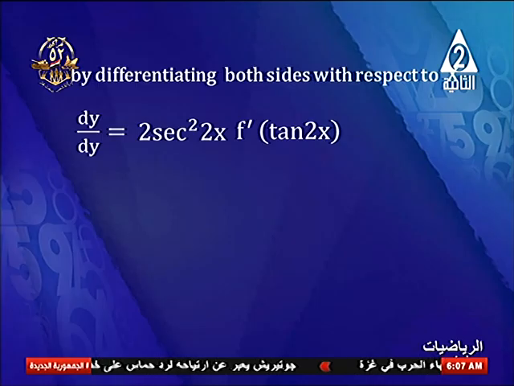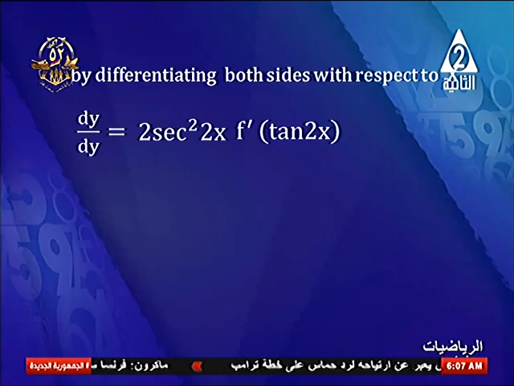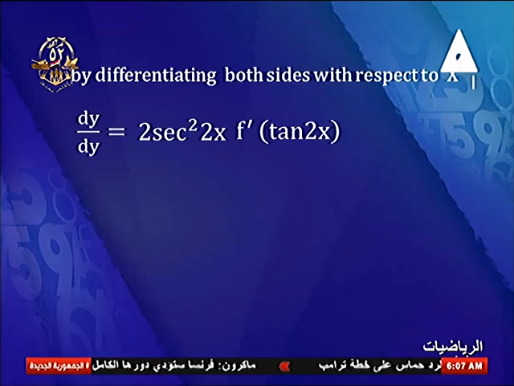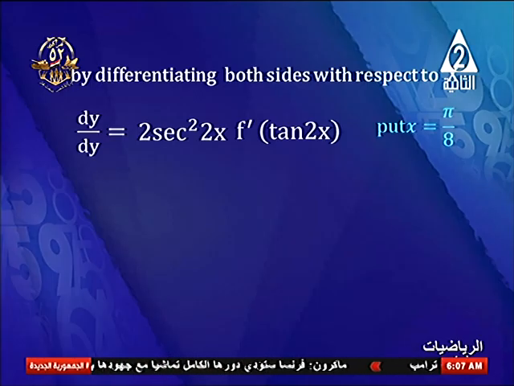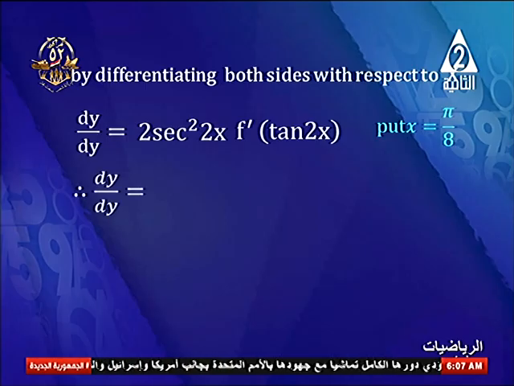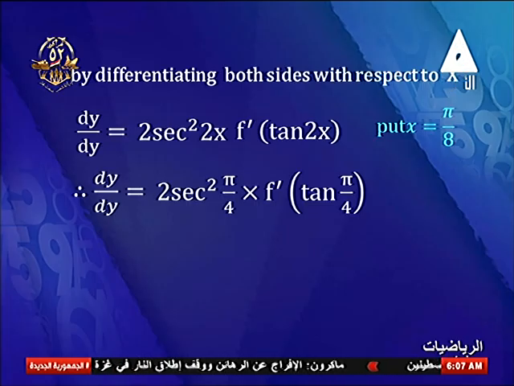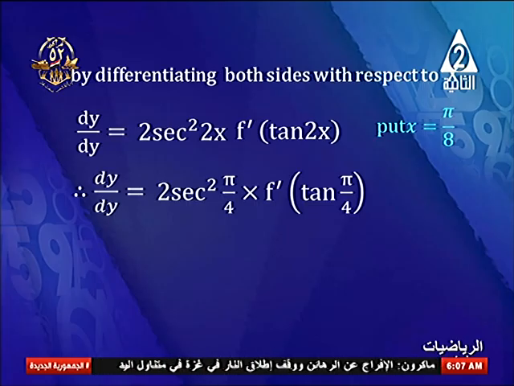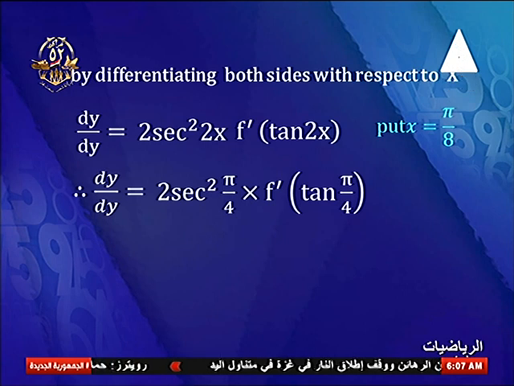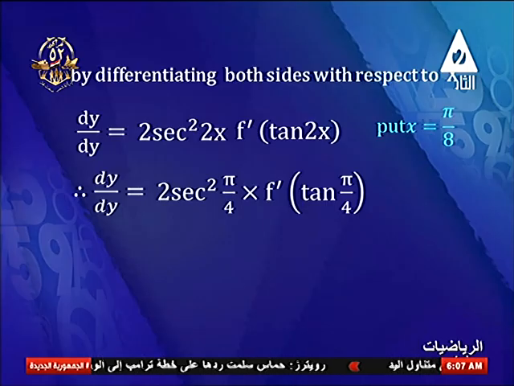We know that the differentiation of tan equals sec square 2x multiply 2, multiply f dash of tan 2x. By putting x equal pi over 8, then by substitution, 2 times x, 2 times pi over 8, pi over 4, or equals 45 degrees. Multiply f dash of tan pi over 4.